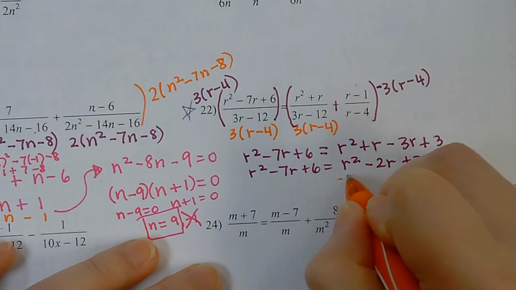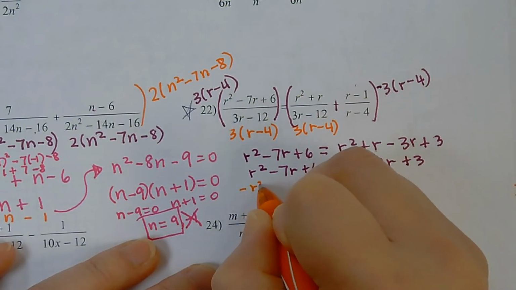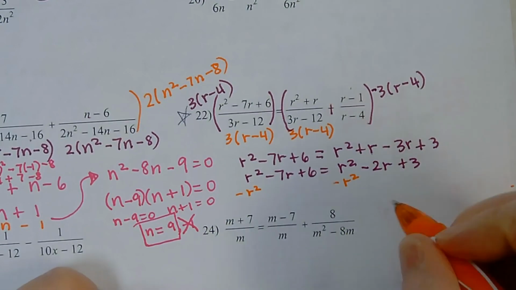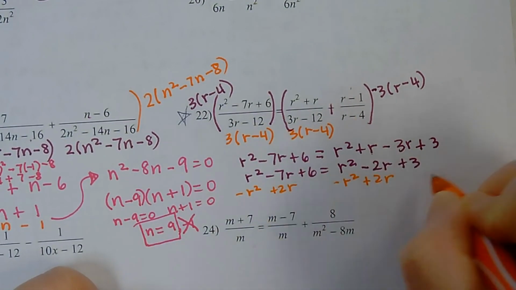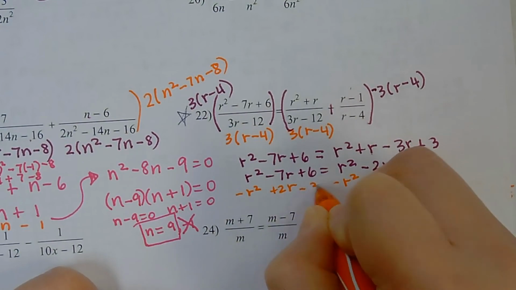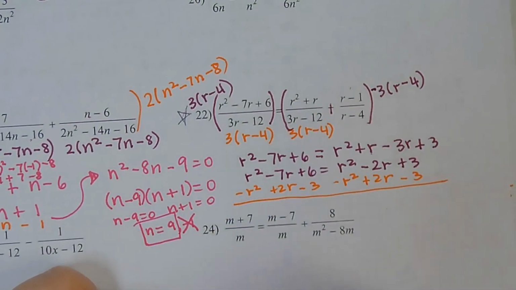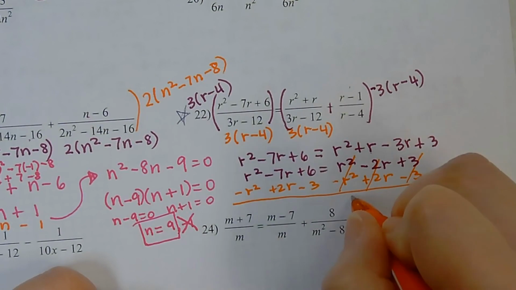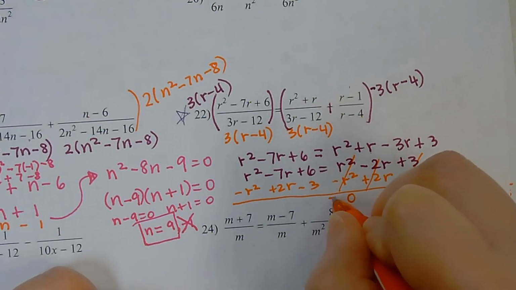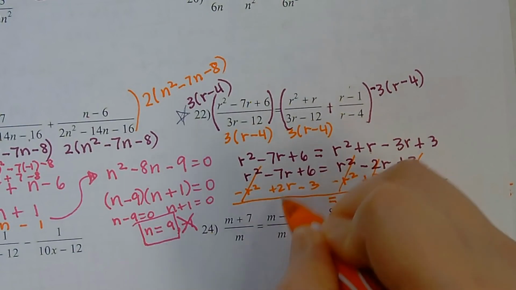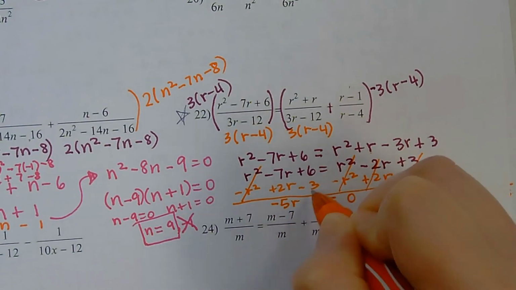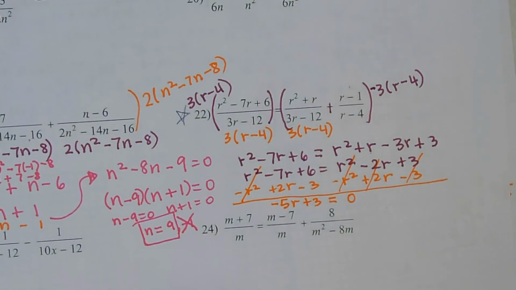So minus r squared, the r squared cancels out, and plus 2r minus 3, right? These all cancel out to be 0. I'm running out of room. And this is going to be nothing, and negative 5r, and this is going to be plus 3.